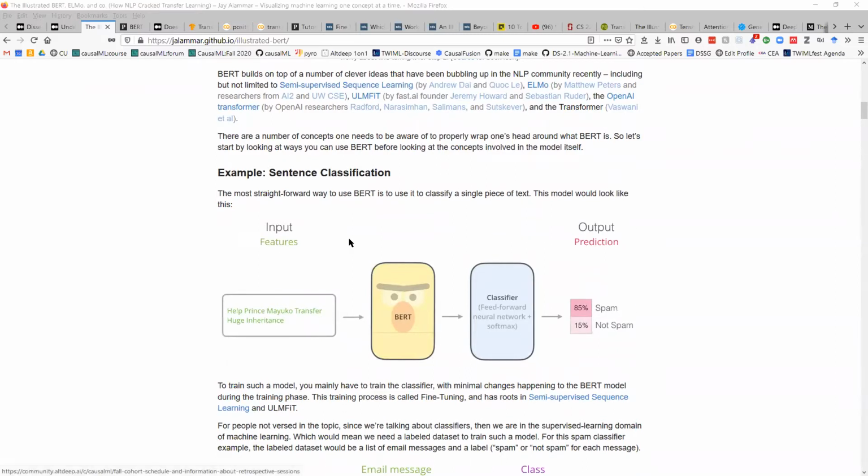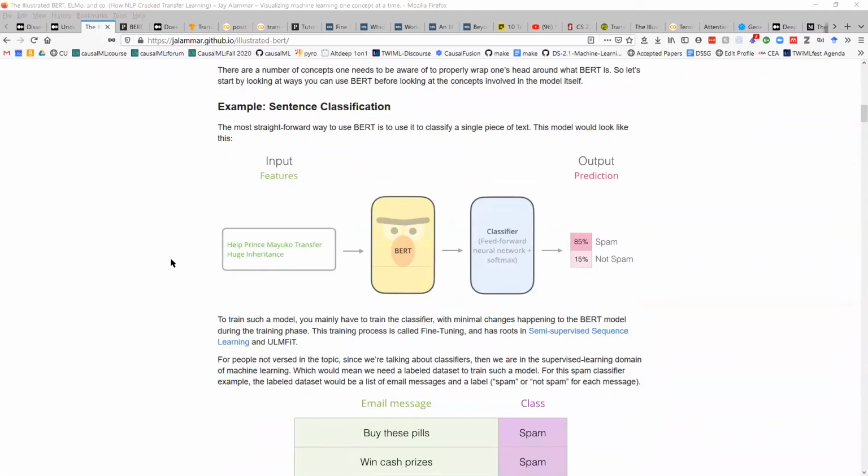So he says that BERT is building on a bunch of previous ideas, and he lists them: ELMo, ULMFiT, and the OpenAI transformer. Then he goes into some details on those three things. But first, let's look again at sentence classification tasks. You give it a sentence, or two sentences.